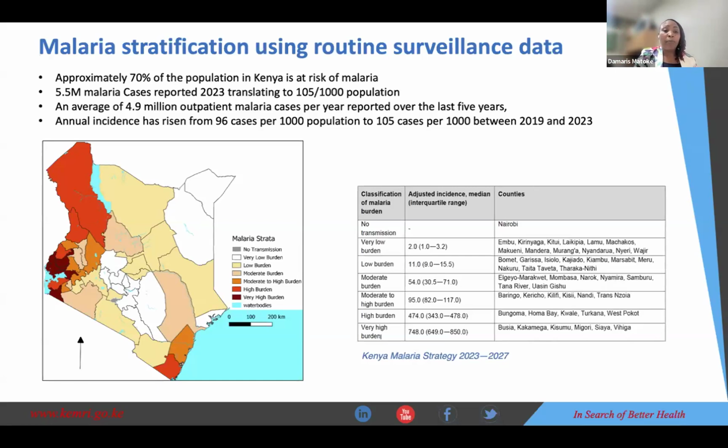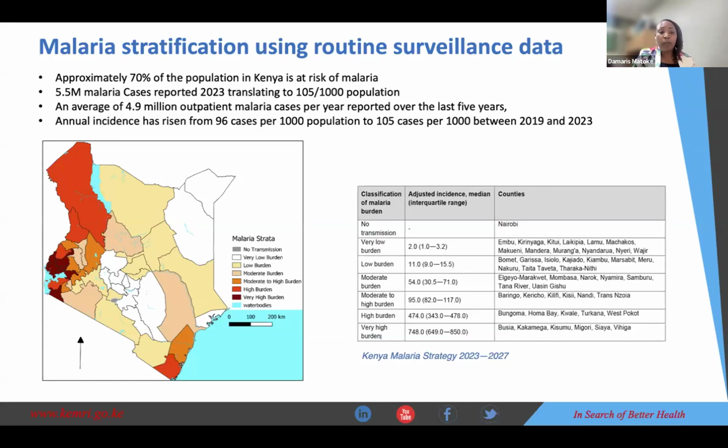So I projected a map here that shows how malaria is stratified in the country. It's very colorful, but you can see that we have areas with a high burden of malaria to places where there's no transmission at all.